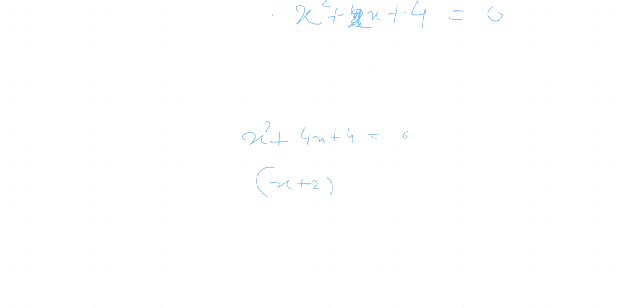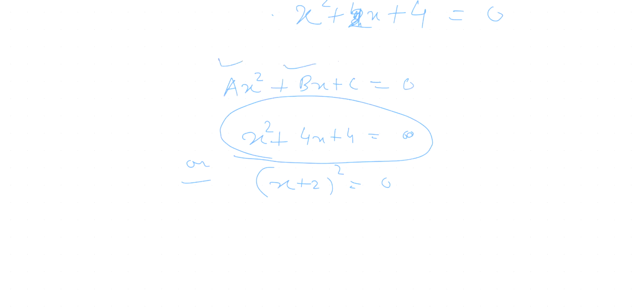Okay, so in the very beginning, I wrote this equation x square plus 4x plus 4 is equal to 0. You can now try and compare this with the standard form. The standard form is ax square plus bx plus c is equal to 0. Can you tell me what a, b, and c are just by comparison? If you compare, you get a is equal to 1. That is right. You also get b is equal to 4, and you also get c is equal to 4.